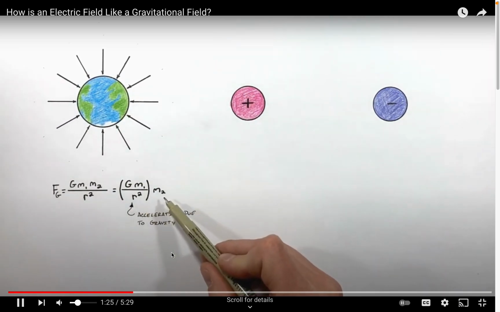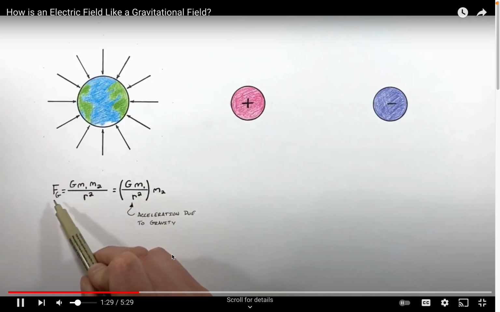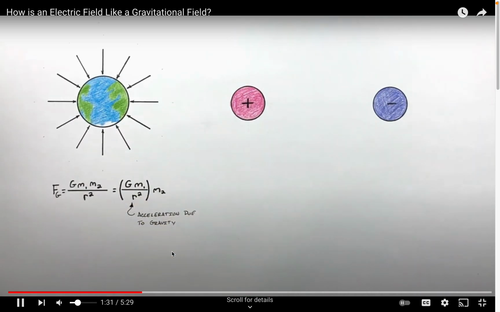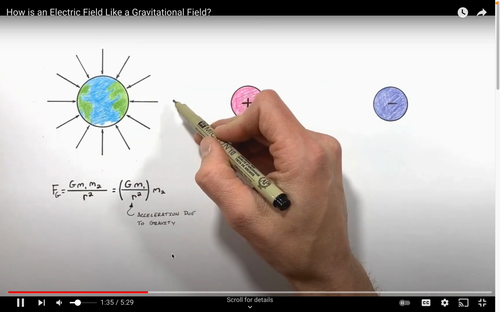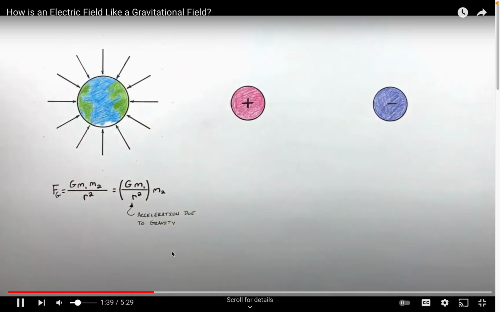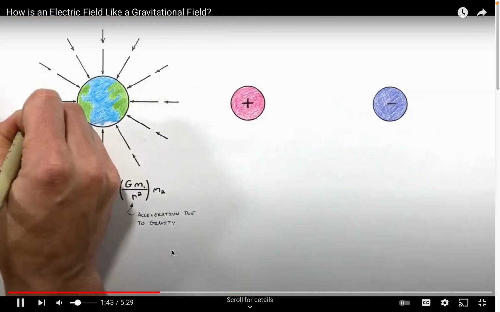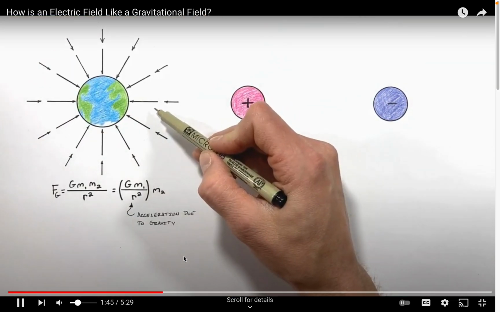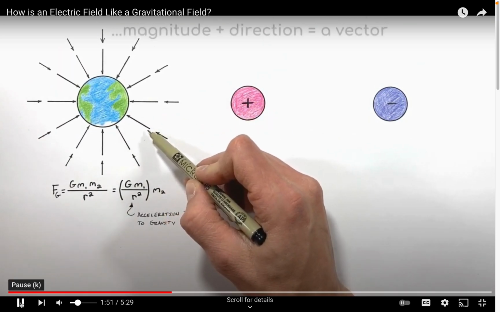Now, given this function, the farther away a mass is placed from the Earth, the weaker the force by gravity is going to be. And we can show that reduction in acceleration due to gravity around the Earth by showing the arrows that are farther away from the Earth as being shorter. So what we've done here is we've created a sort of map which shows the acceleration due to gravity in both its magnitude and direction.